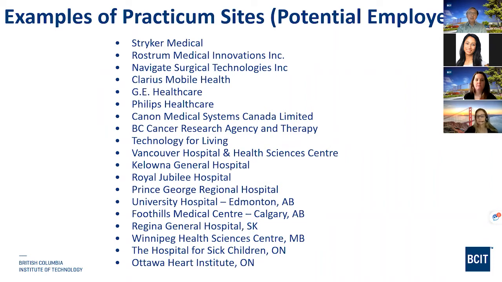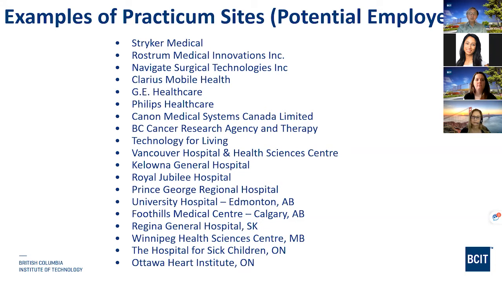And then going further down, BC Research, Technology for Living, right? These are again organizations or companies that are providing treatment for cancer, as well as providing services and technology for people living in their homes. And then there are a lot of hospitals, right?